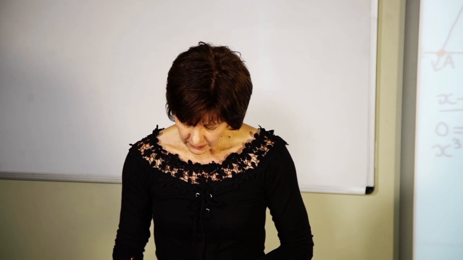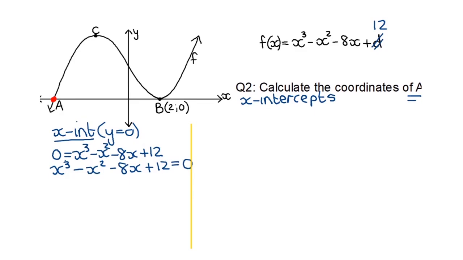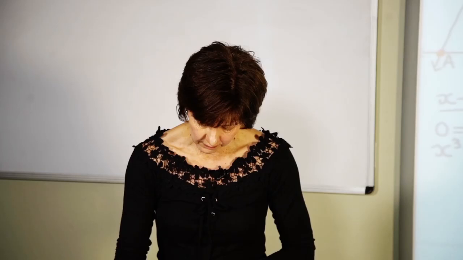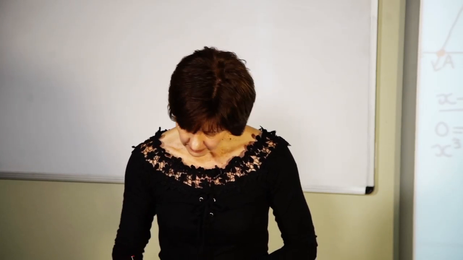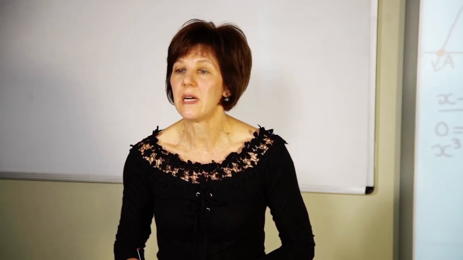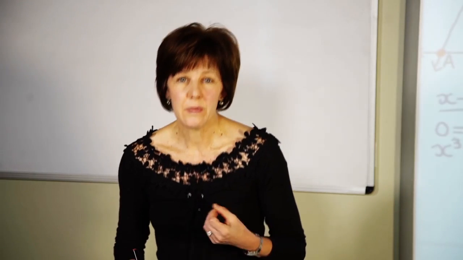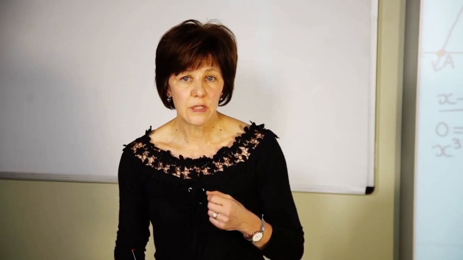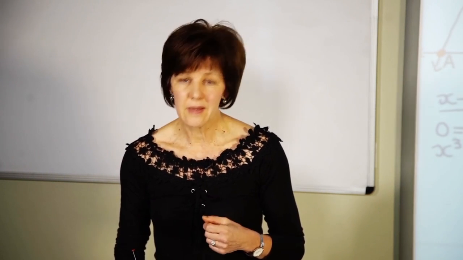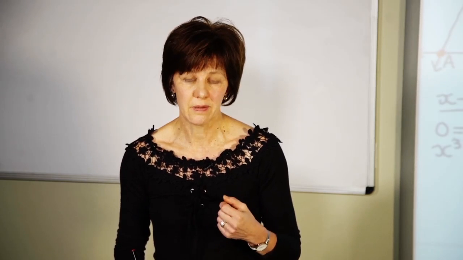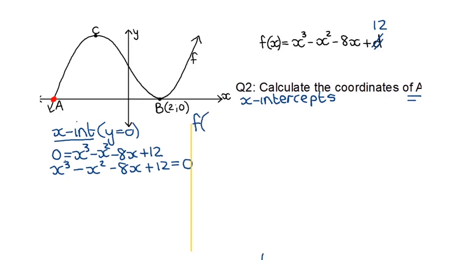So I'm going to look at f of a certain value. I need f of a certain value that will give me 0. And once I get f of a certain value that gives me 0, then x minus that number will be a factor.